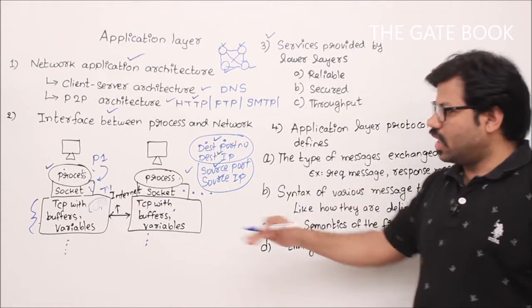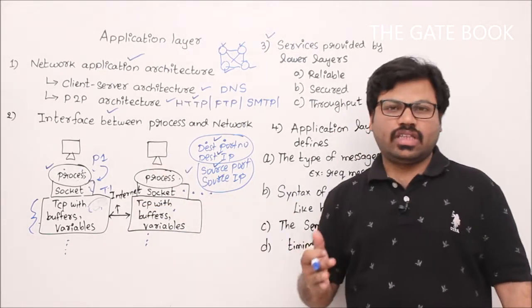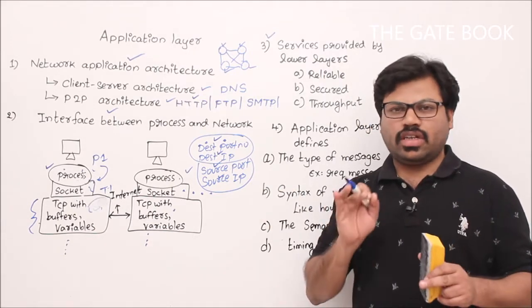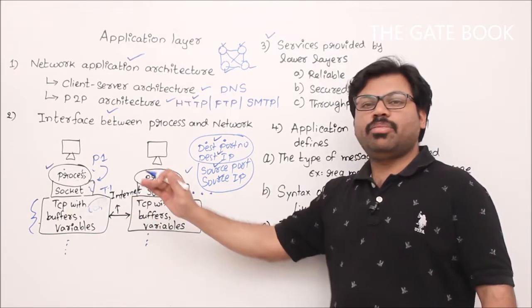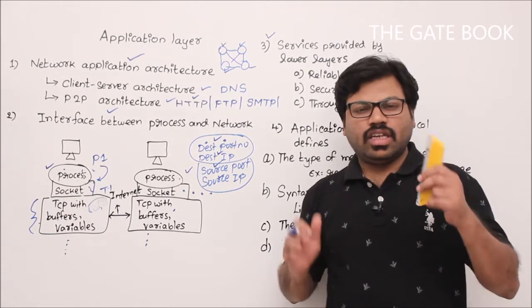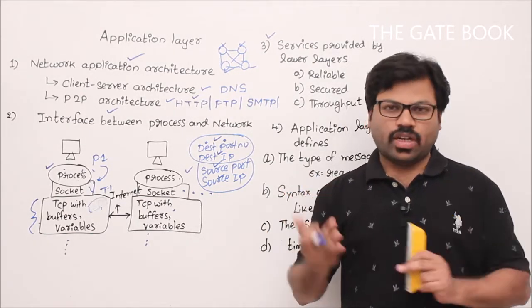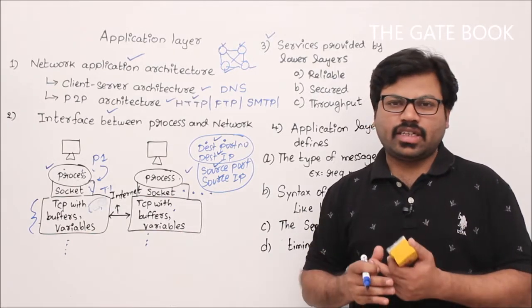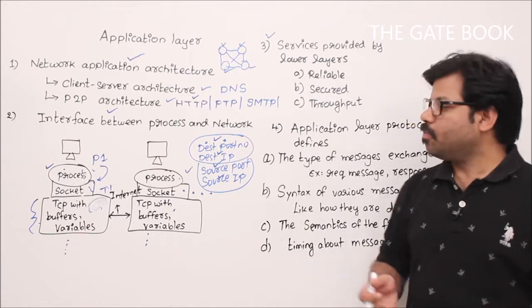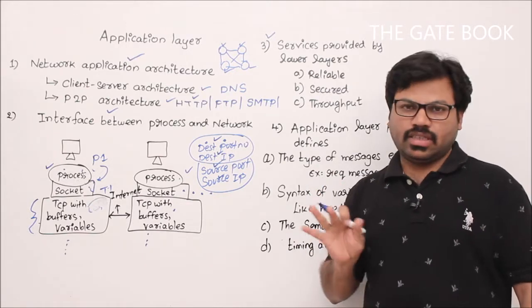So what do the underlying services like TCP provide? Think about it, the transport layer. Let's not particularly say TCP, because we have TCP, UDP and SCTP also. Imagine SCTP like a secured protocol. If you want a secured connection, you can go for SCTP. Now we have TCP, UDP, SCTP.